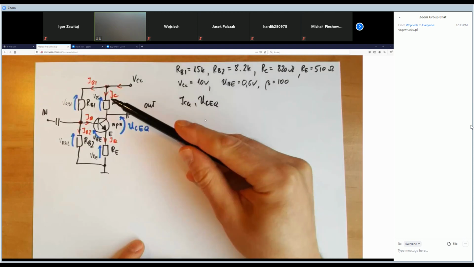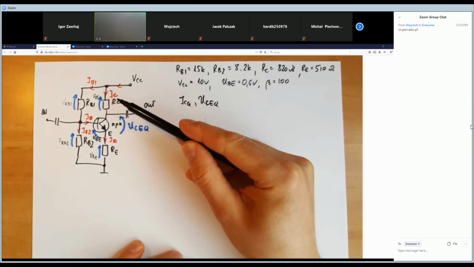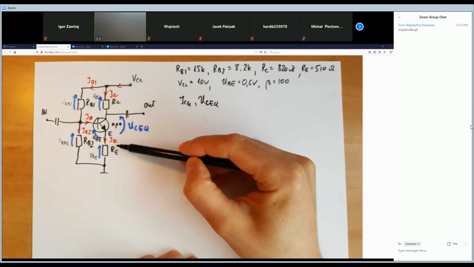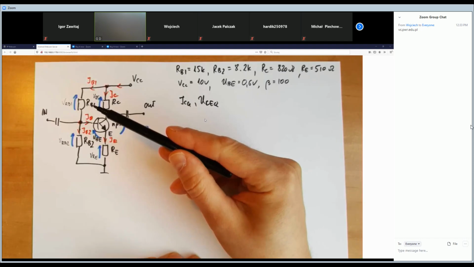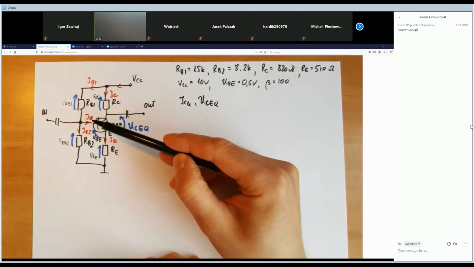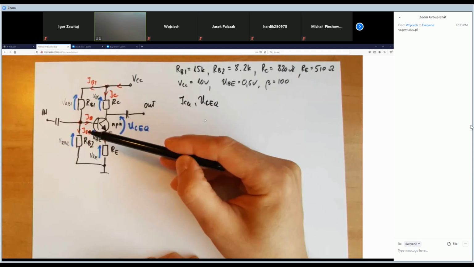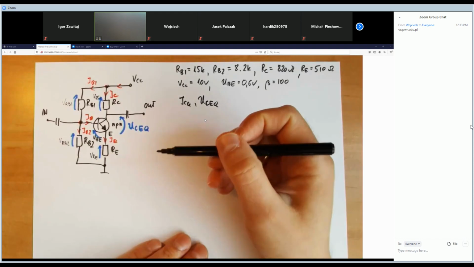We'll take into consideration the IC current. However, as you see, we've got the IE also, so we have to take another equation which consists of the current IB. Okay, so let's try to write the equations for it.